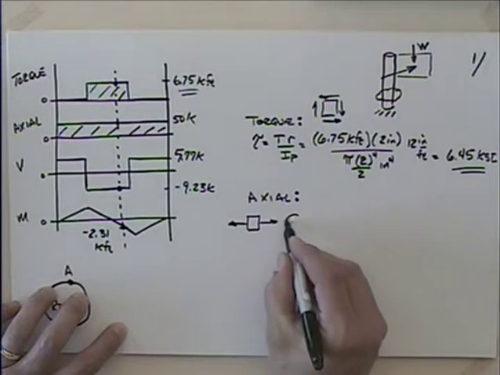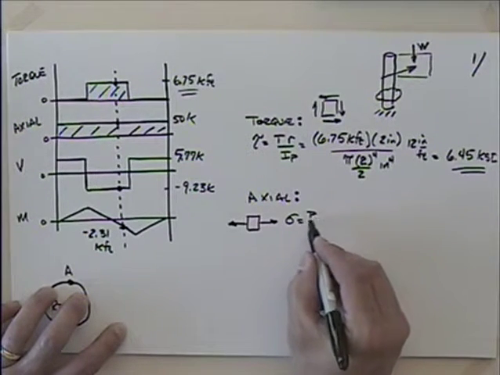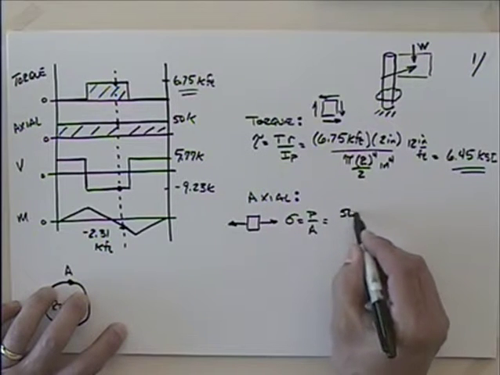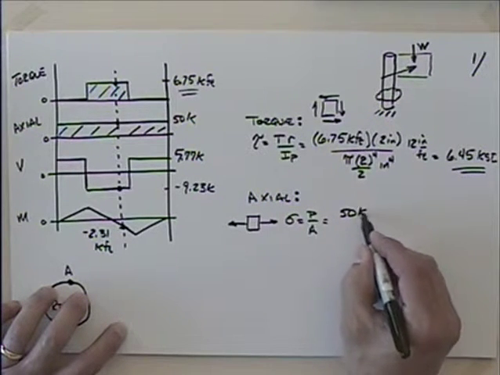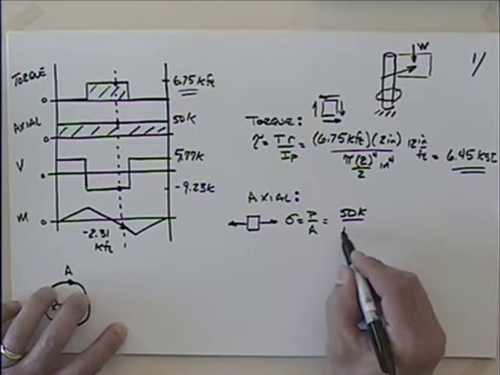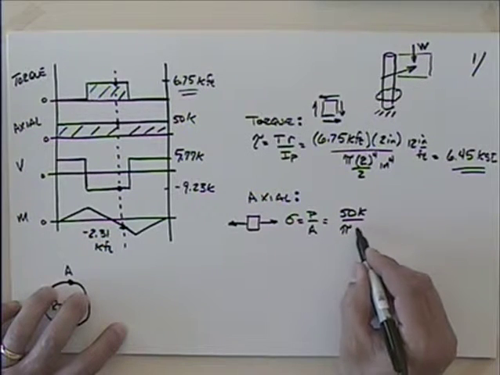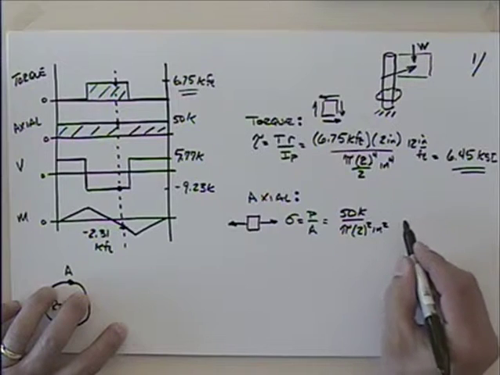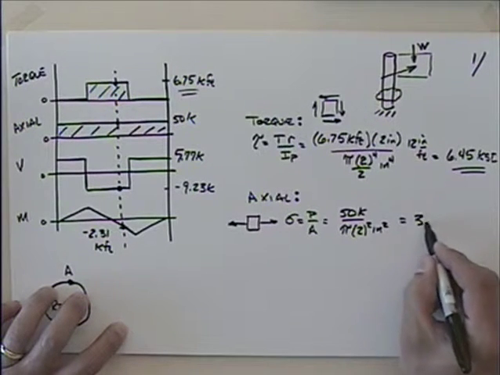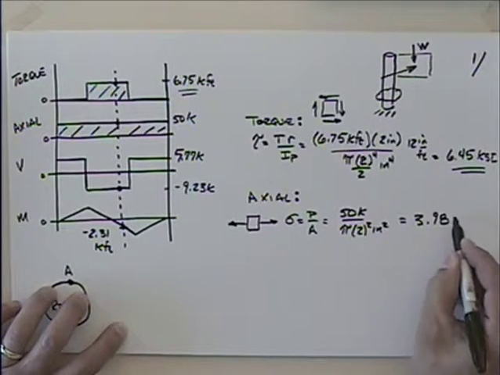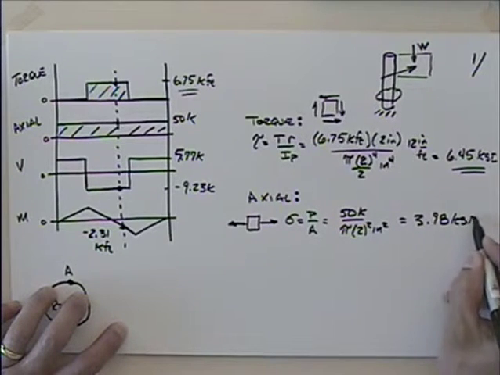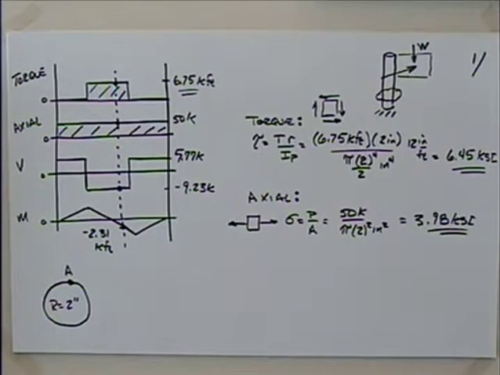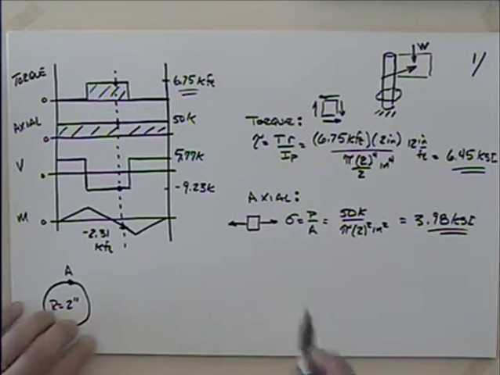And that's pretty easy, sigma is equal to the force divided by the area, going way back to the beginning of the term. So we have 50,000 pounds, or I'll say 50K, divided by the area, pi r squared. So we have 2 inches squared, which gives me 3.98 KSI. Okay, so that's the tension apparently due to the axial load.